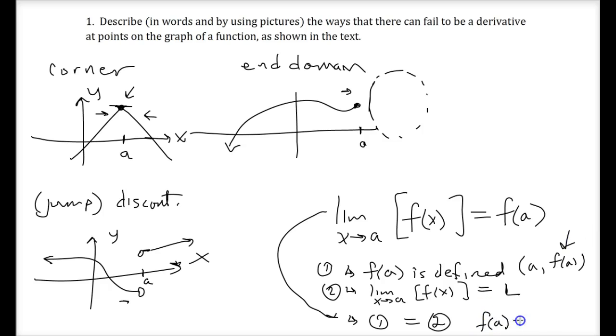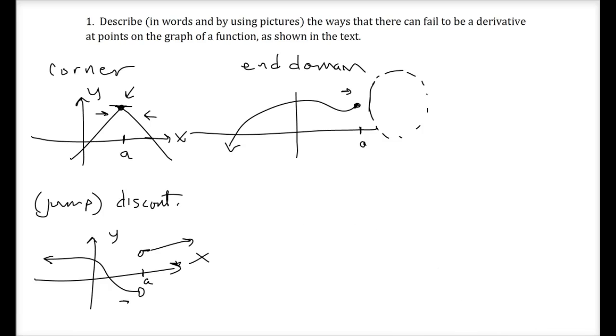So you're saying f of a is going to equal L, okay? So we need all that to be able to come up with a derivative. And so that's why here for the case of the jump discontinuity, whether we have a closed circle here or not on one of these, we still can't find a derivative there.